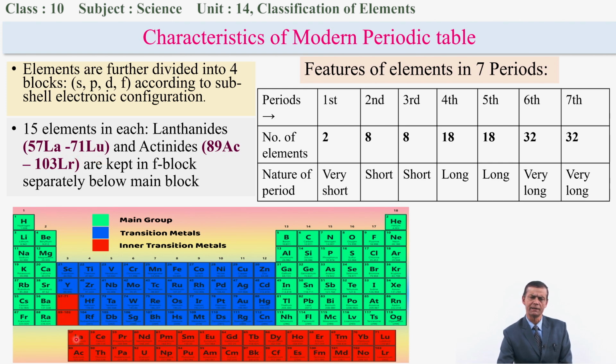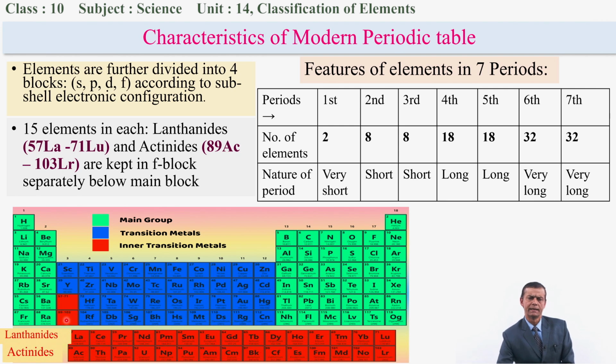Look at it, 57 lanthanum to 71 lutetium are called lanthanides, and atomic number 89 actinium to atomic number 103 lawrencium are kept in the F block. They are called actinides. Look at it. This first series is lanthanides, second series is actinides, which are placed separately down in the main block, isn't it? That block is called F block.